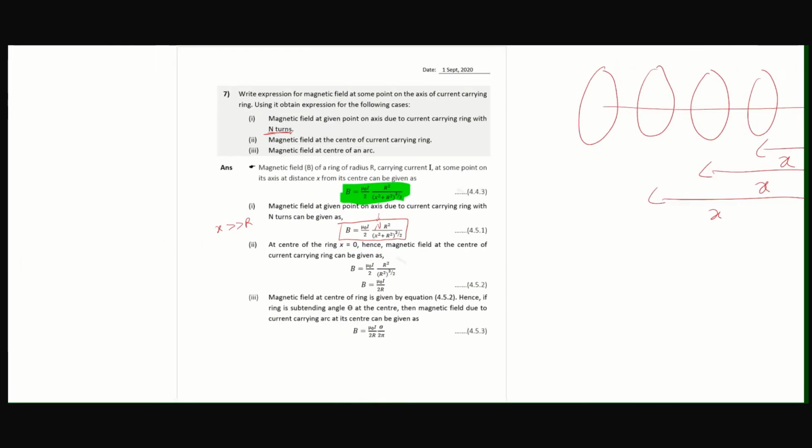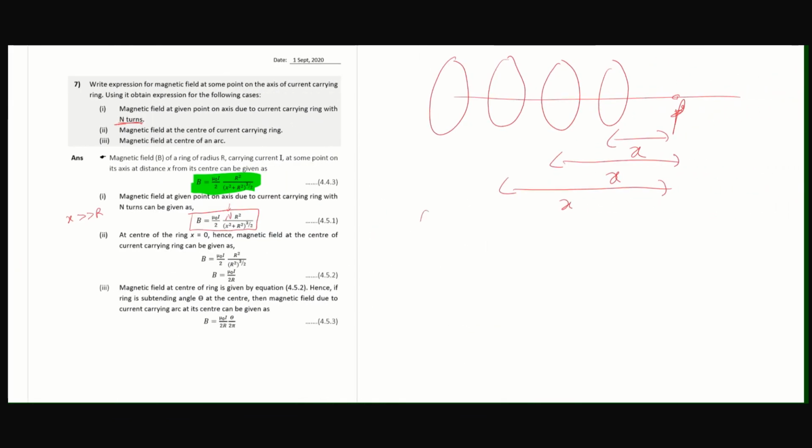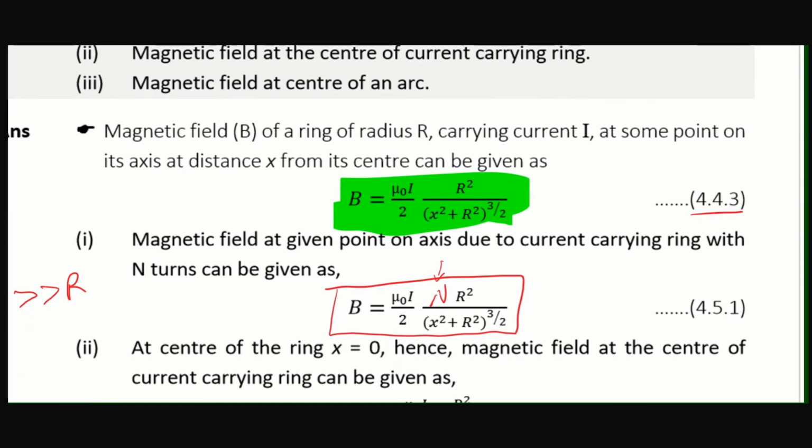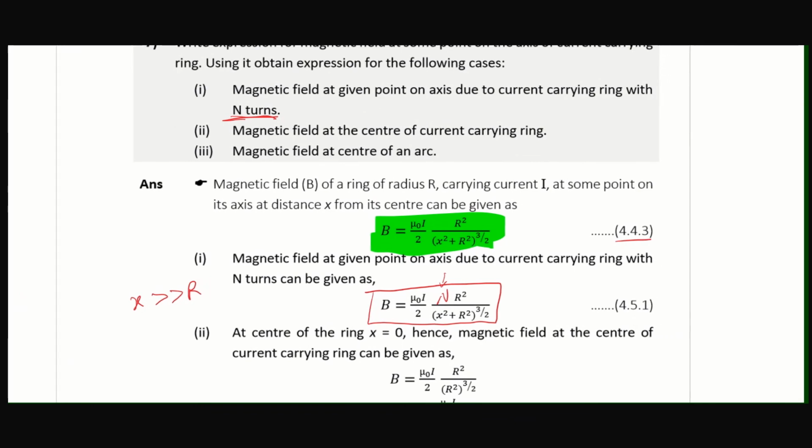But if I have rings like this, and I want to find the magnetic field here, then X is constant, and I can simply multiply equation 4.4.3 with N. So you can always multiply this with N and find the magnetic field due to N turns.